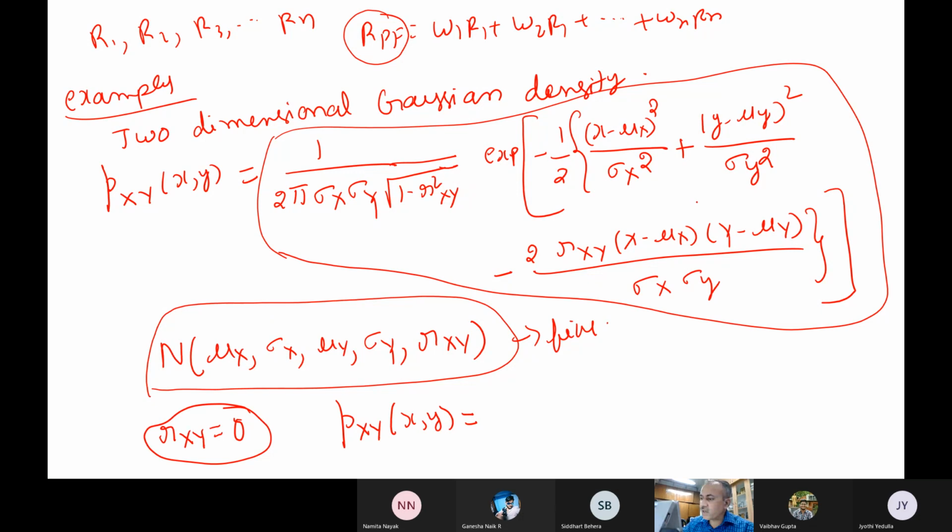In this exponent, this term becomes 0, sir. Zero. Now here, in the numerator also, you have Rxy. If it is 0, this entire expression goes away. So you will be having x minus mu x and y minus mu y. Now how do you write this expression if you split it into two things?